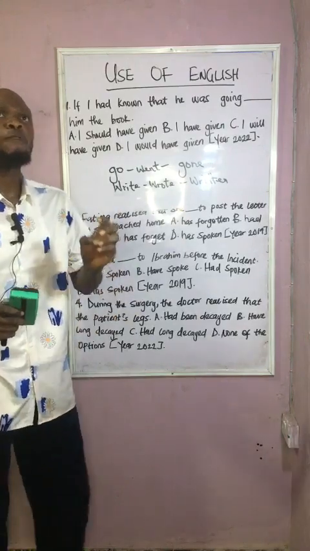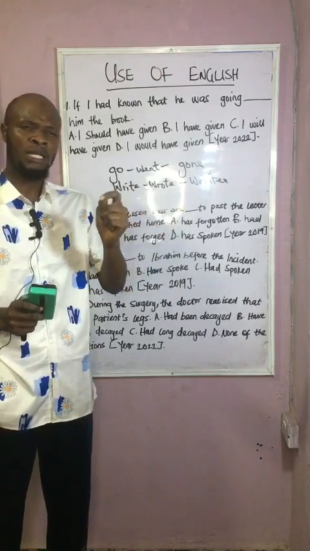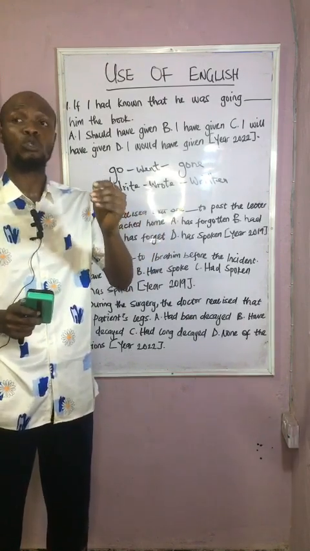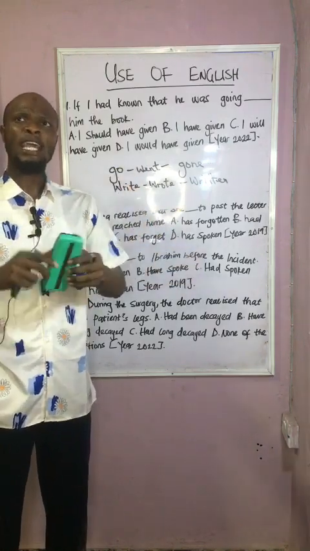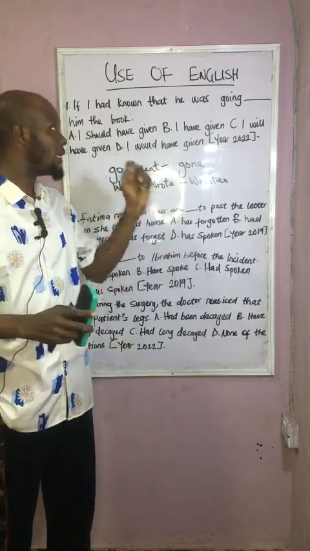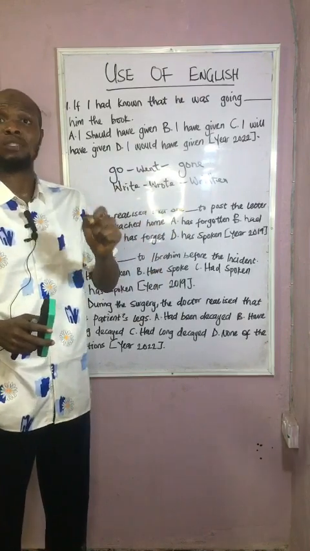Number two, if we have conditional sentences, you will identify a conditional sentence with words like if, provided that, unless. If you come across any of these lexical items in a sentence, that sentence is a conditional sentence.